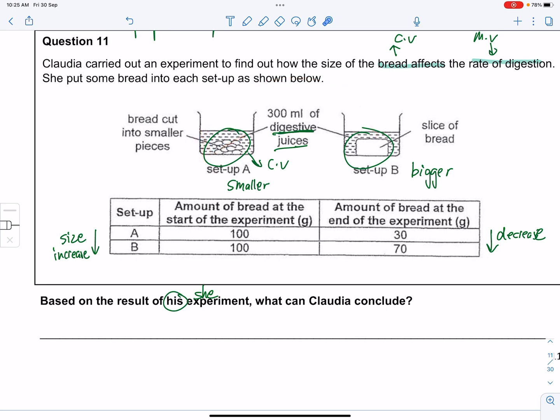So therefore, as the surface area of the bread increases, the rate of digestion increases. Okay?